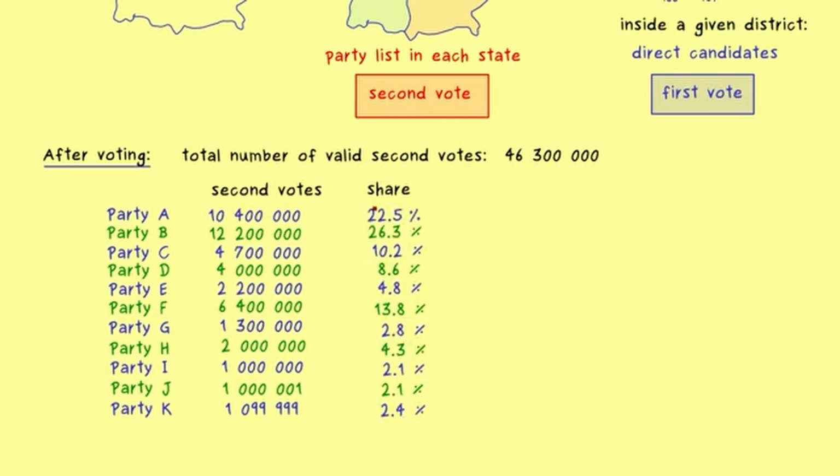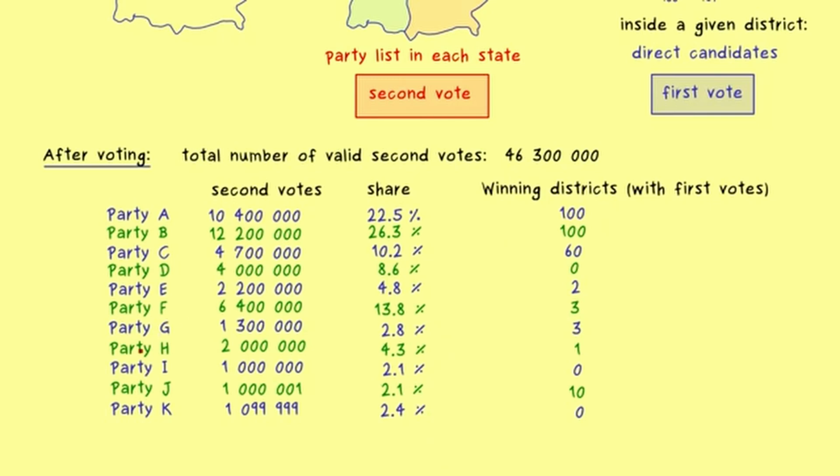And in fact, this share of votes now determines which parties are actually important. However, on the other hand, there's also a second ingredient for that, because we can also look how successful the parties were with their first votes. Essentially, the total number of first votes is not important, it's just important how many districts the parties could win.